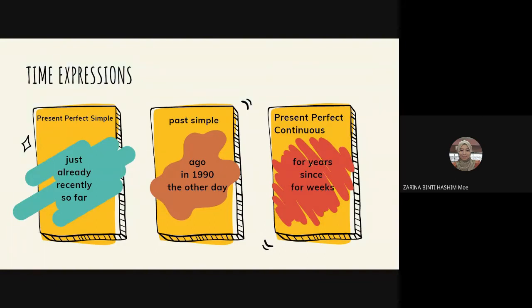That is the difference between "for 15 years" and "5 years ago". So just now you said both are past simple or present perfect? B is a past simple. Okay, correct. A is present perfect simple, yes, because they have the word "for 15 years".